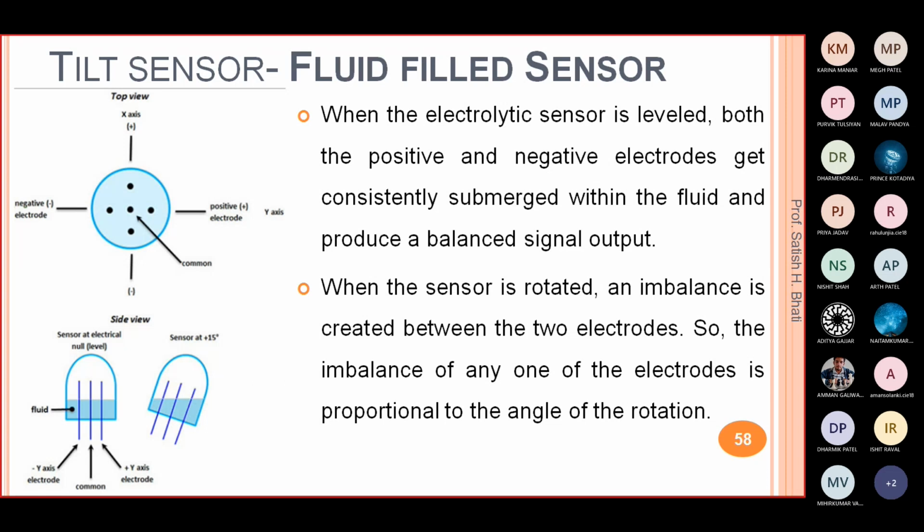Because of that, you will generate a signal which is proportional to that imbalance, or we can say proportional to whatever the rotation, whatever the angle. So they have made the mapping that way. So that is the fluid filled electrolytic sensor.